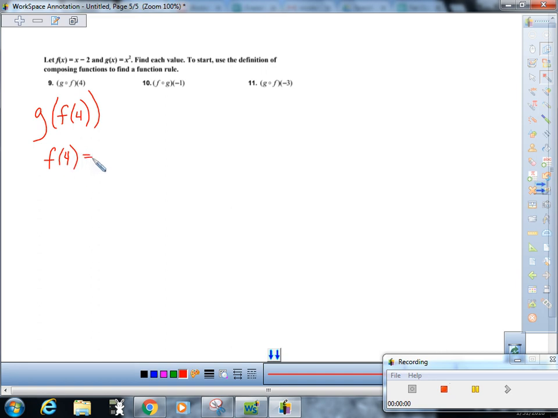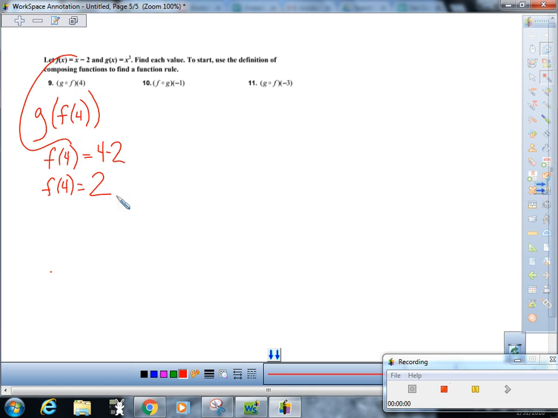Well, when we have a function of x, we take out the x and we put in a 4. So f of 4 is 4 minus 2. Do you see where I got that from? I put in 4 for x right there. And so what is f of 4? F of 4 is 2.